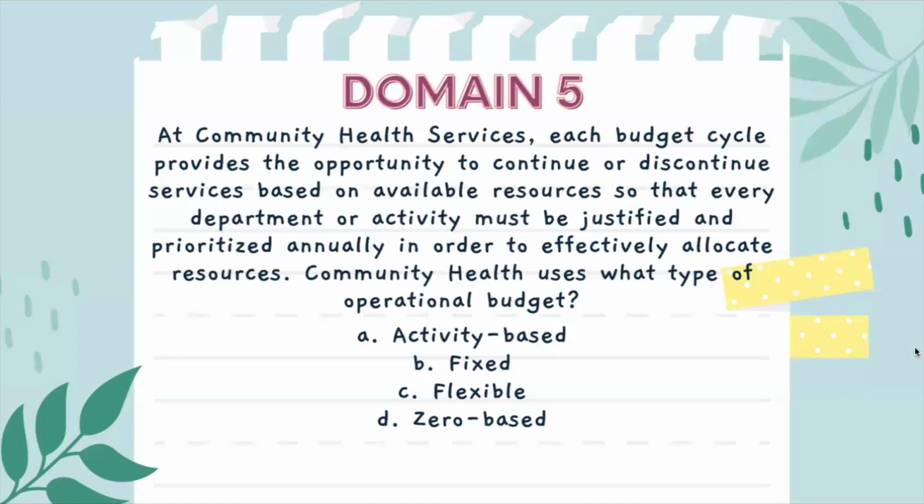So I am going to be picking a question from domain 5, and the question reads: at community health services, each budget cycle provides the opportunity to continue or discontinue services based on available resources, so that every department or activity must be justified and prioritized annually in order to effectively allocate resources.